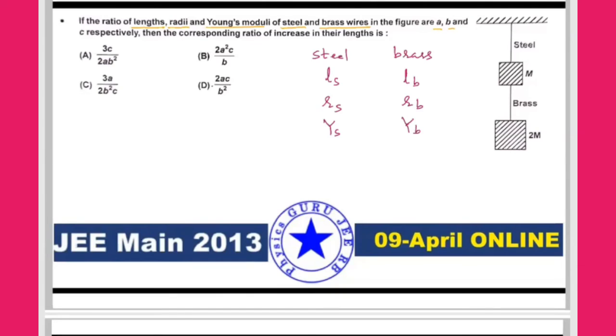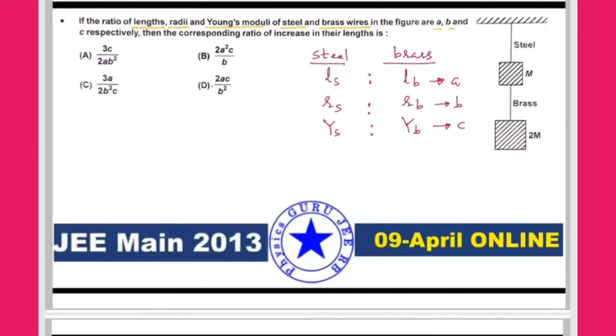Now the ratio of lengths, radii, Young's modulus of steel and brass wires is A, B and C. So the ratio of length of steel wire to brass wire is given as A, the ratio of radii is given as B, and the ratio of Young's modulus is given as C. Is it clear? We have to find the ratio of increase in lengths. So this is steel, this is brass.